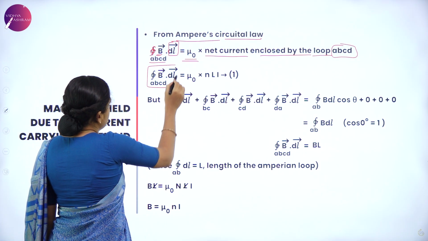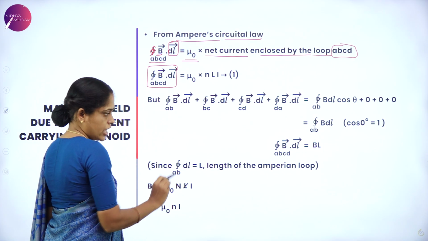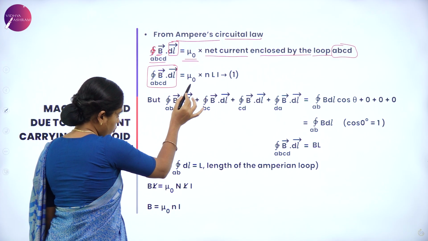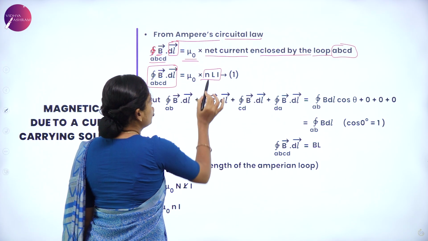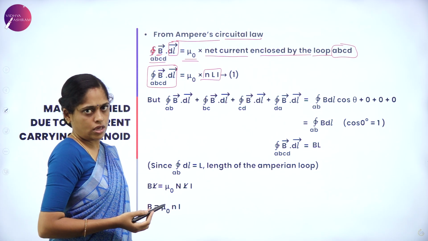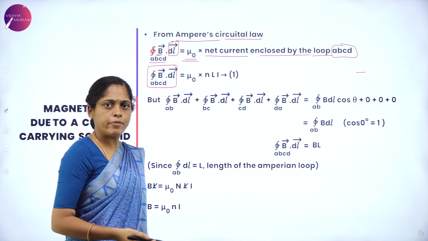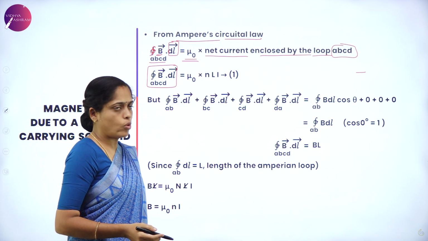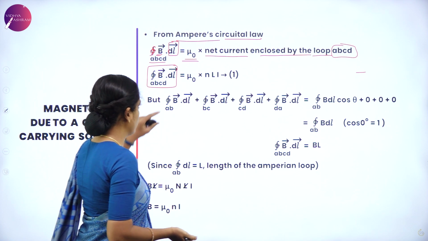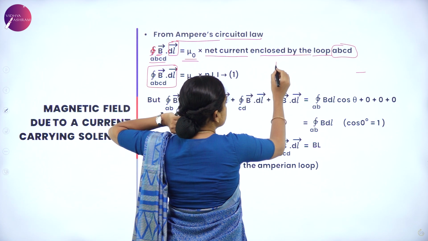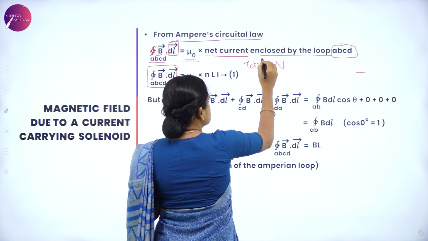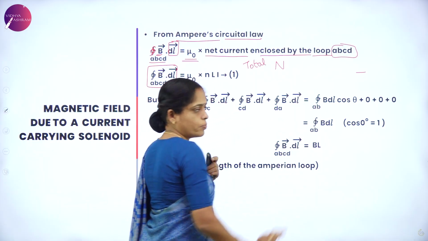The next step: B dot dl around the closed path ABCD is equal to mu naught times the total current enclosed by that closed path. Let us find the total number of turns, then you will know the total current enclosed. Let us consider the total number of turns as N, around this closed path.